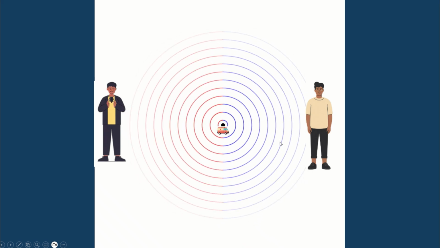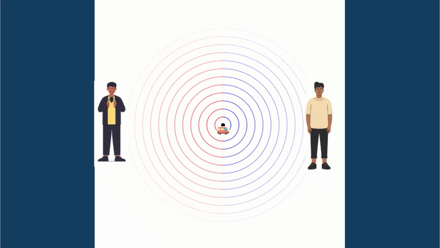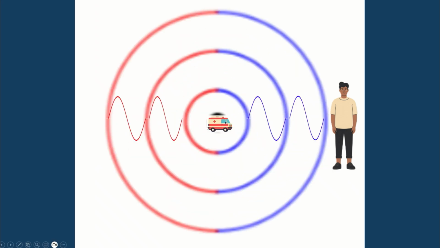So let's consider the frequency version of this animation. Here I have taken a zoomed version of a portion of that wave propagation from the previous animation. You can see that this is my ambulance, which is stationary, and this is the man standing in front of the ambulance. The wave between these two peaks corresponds to a wavelength.